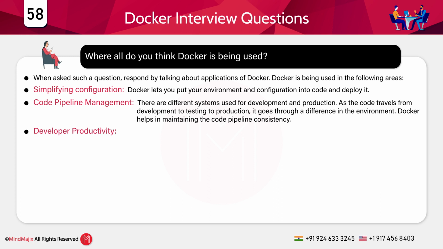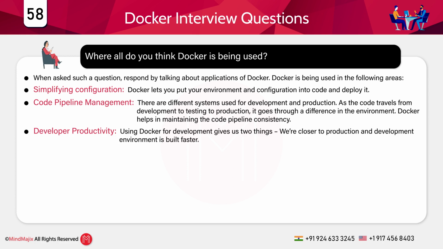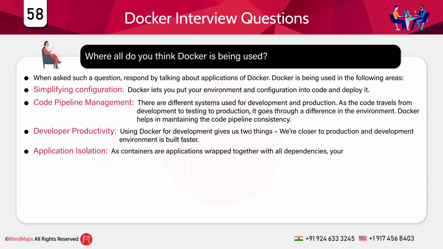Developer productivity: using Docker for development gives us two things. We are closer to production, and the development environment is built faster. Application isolation: as containers are applications wrapped together with all dependencies, your apps are isolated. They can work by themselves on any hardware that supports Docker.